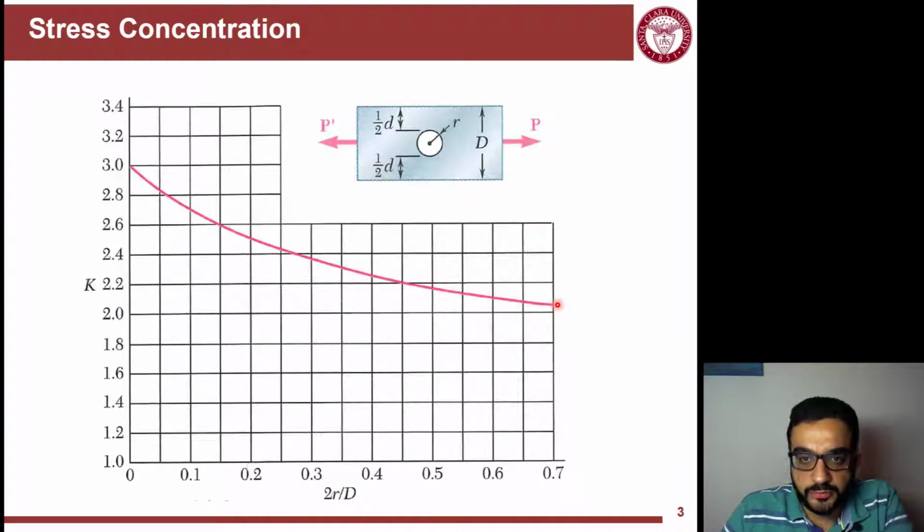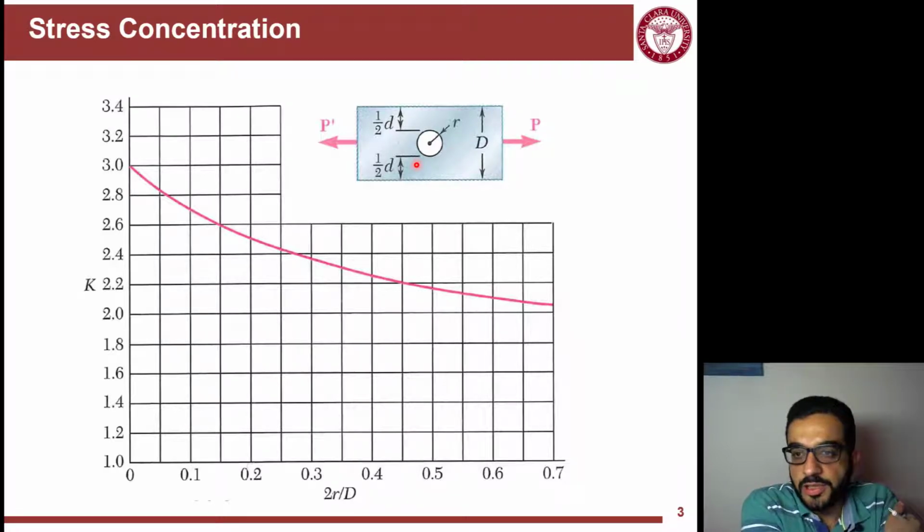So where do we get this K factor? From studies, there are graphs and figures that you can use to figure out the K value. In the case of the hole, you enter from the horizontal axis with the value of 2R over D, which is basically the diameter of the hole relative to the bigger dimension of the member where the hole is.